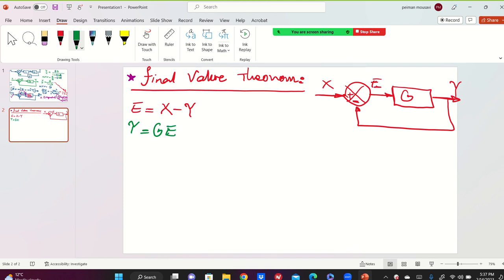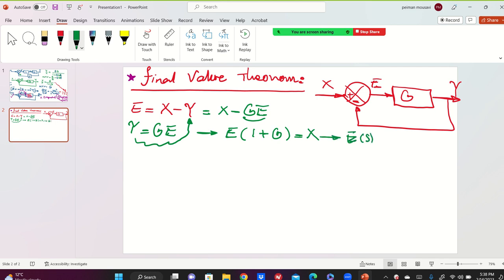See what I'm saying? So if you substitute Y from here to here, your error signal is going to be input minus GE. On the other hand, if you move this to the left hand side and factor out E, it's going to be 1 plus G open loop transfer function times E, and X. Obviously all of them are in the frequency domain s. So E of s, I'm writing here, is going to be the input to the system X of s over 1 plus G of s.